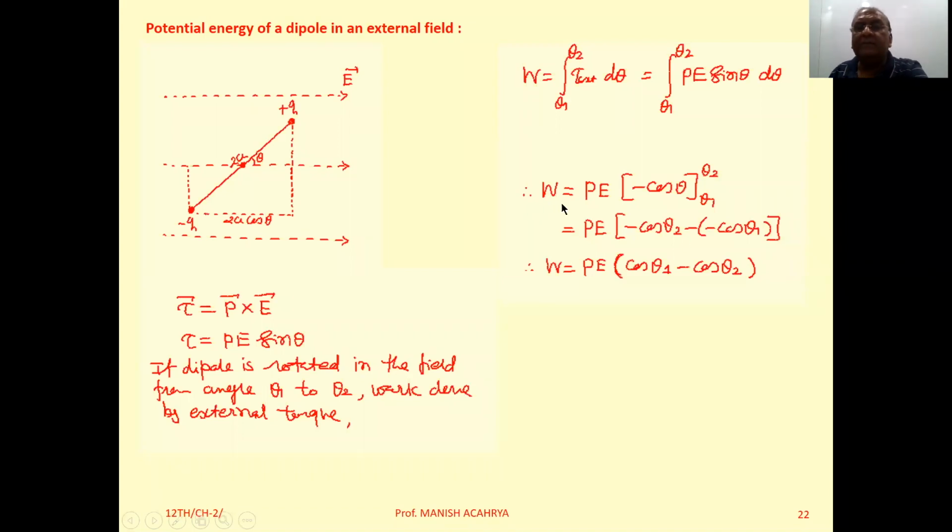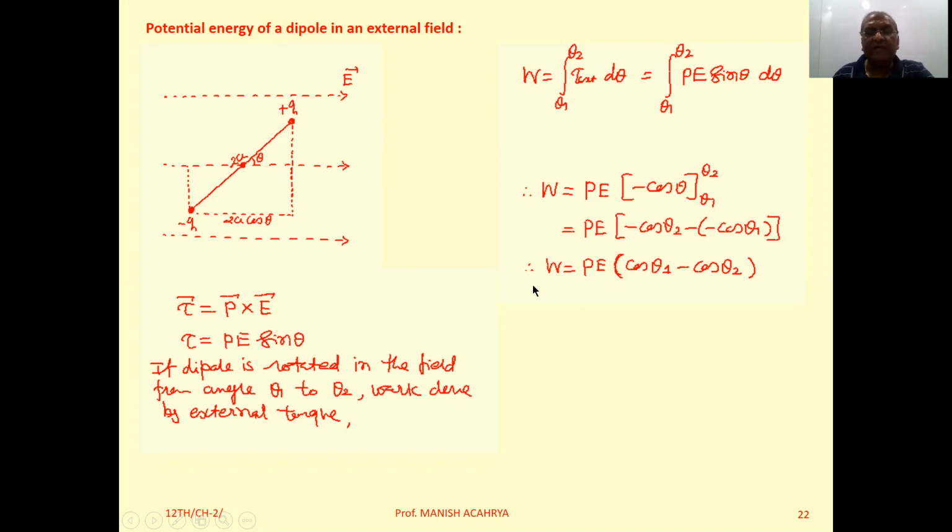Now W is equal to, taking PE outside the integration, integration of sin theta d theta, that is minus cos theta, with limits theta 1 to theta 2. So first substitute theta equal to theta 2, the upper limit, then minus theta equal to theta 1, the lower limit. So we can write the work done W as PE times minus cos theta 2 minus cos theta 1.